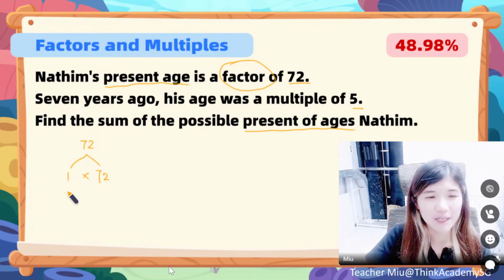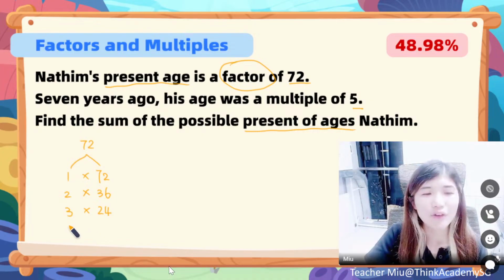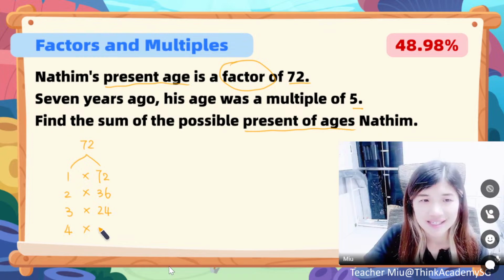Can it be 2 times something? It can be 2 times 36. It can also be 3 times 24. All right, 3 times 24. Yes, that's 72. What about 4? It can also be 4 times 18. Right?